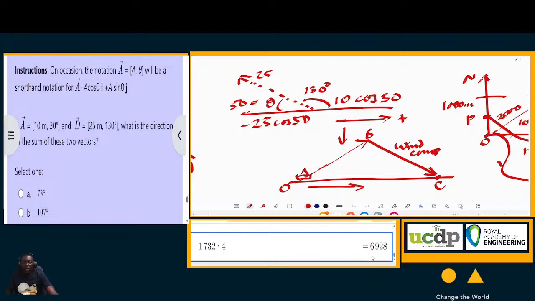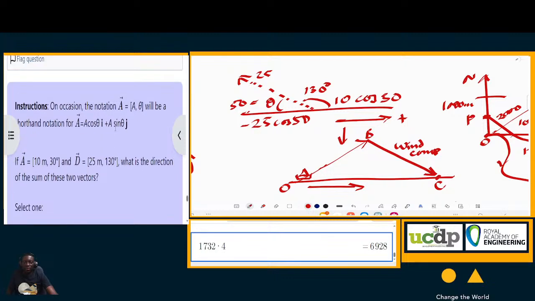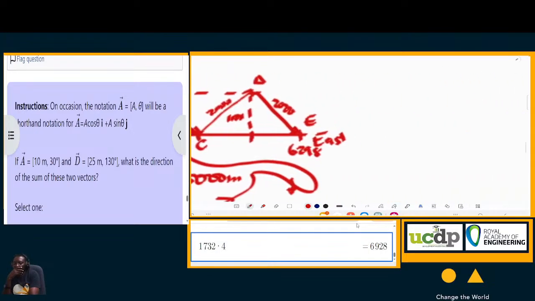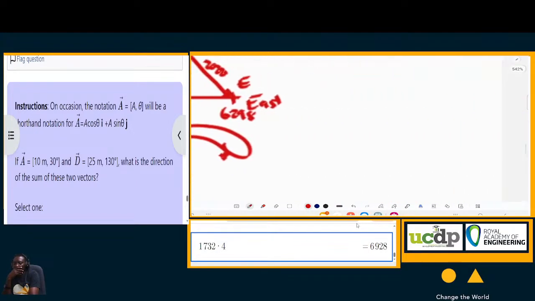But now we need to find the direction of the sum of these two vectors when they add, meaning when their x and y components are added, which is A plus D. So what is that direction?